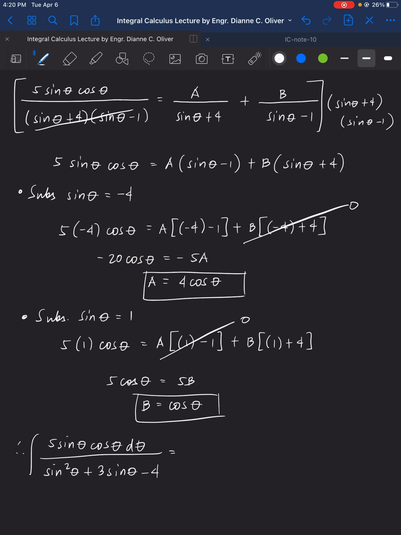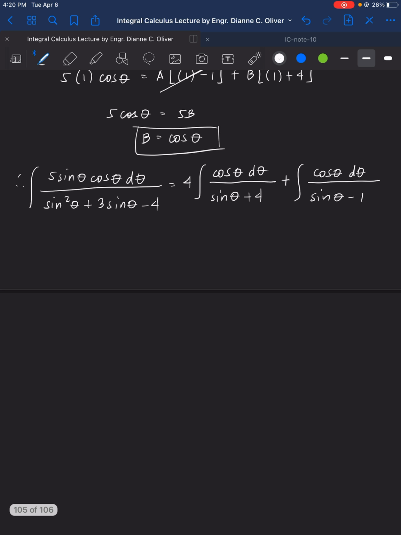So that is equal to, the value of A is 4 cosine theta, but I will just put out here 4, but cosine will remain inside here, then sine theta plus 4. Next, for B, we have positive 1, then cosine theta d theta over sine theta minus 1.